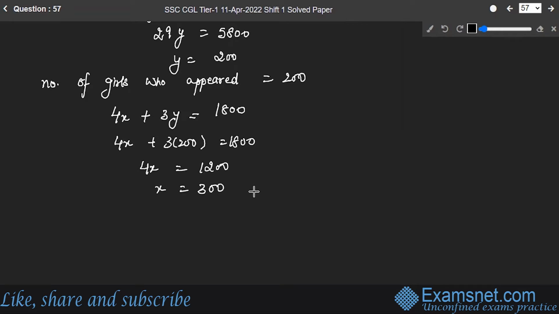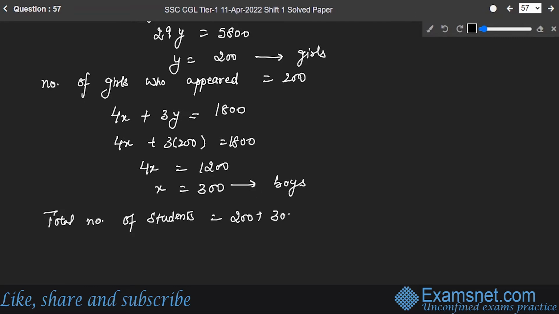So this is the number of girls who appeared for the exam, and this is the number of boys who appeared for the exam. So the total number of students who appeared was 200 plus 300, that is equal to 500 students, and this is your answer.